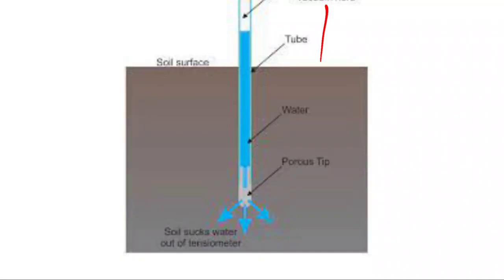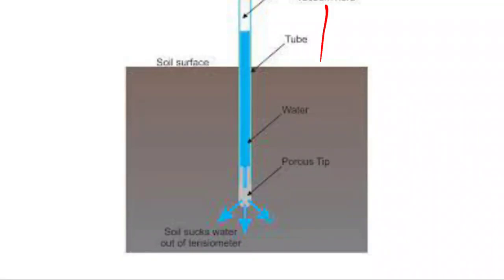The length of this tip is around 7.5 to 22.5 centimeters. We have to insert this porous cup near the root zone of the crop.